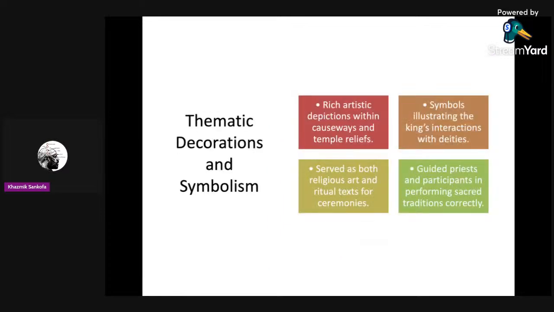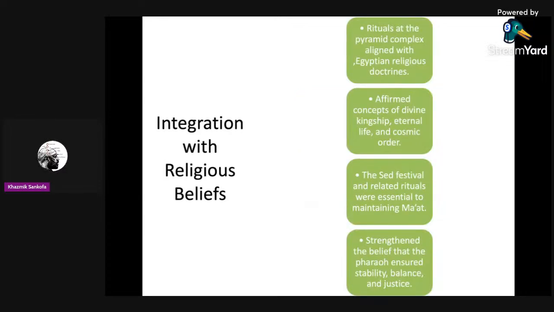So inside, there's a lot of decorations in the causeways, and then you'll start to see the king interact with deities. It was religious and ritual for ceremonies. It was guided by the priests. Of course, every ceremony is always going to be guided by the priests.